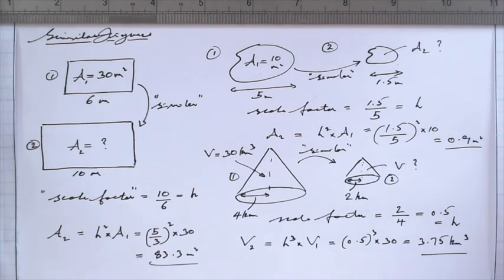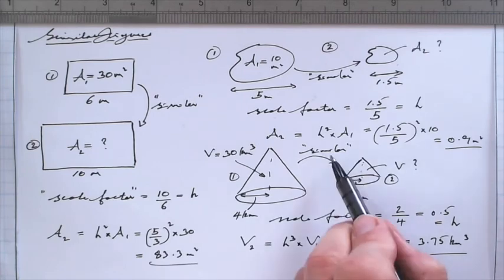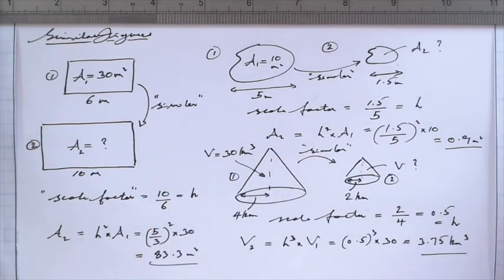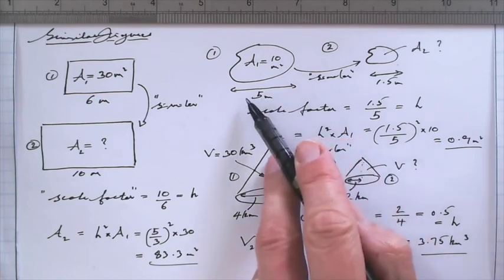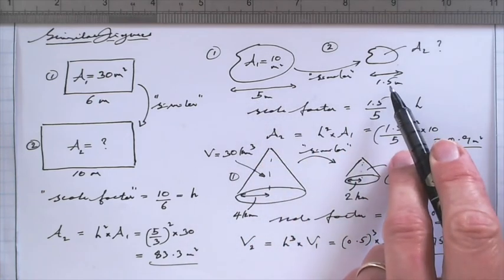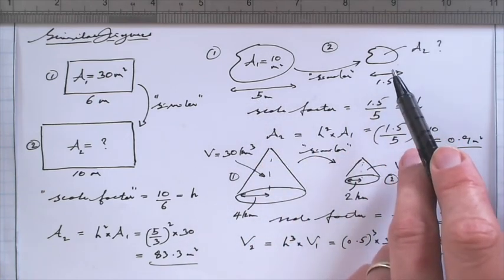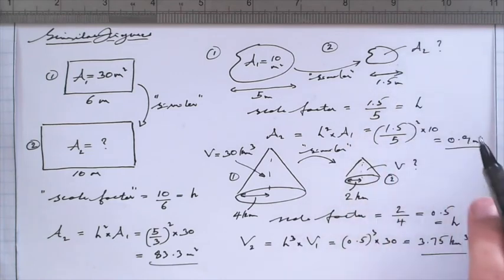The key thing, though, is to see the method here, very powerful if you have this property of similarity, that you can work out areas and volumes from very little information if you know the area or volume of a shape along with one linear dimension. As long as you know the linear dimension of a similar shape, you can calculate its area or volume just by evaluating this scale factor.